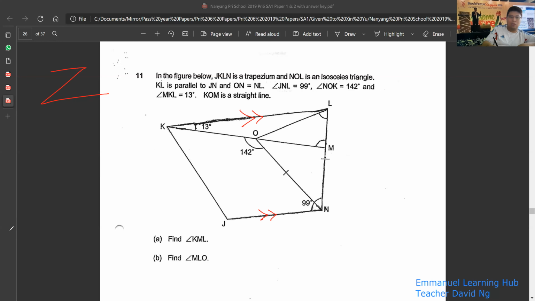Okay, this one. What is this? What is this kind of geometrical property?